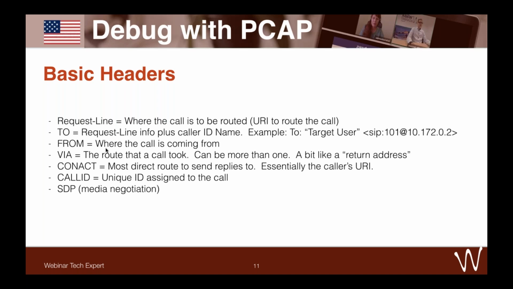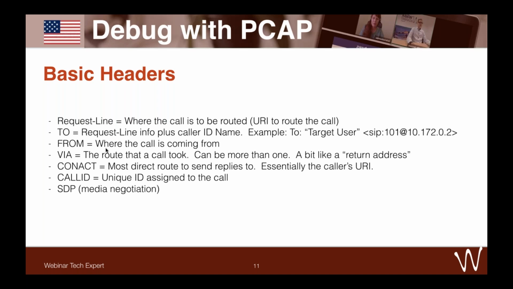And then a via header. A via header is about a route. How is a SIP invite routed? It's essentially the return address, if you want to think of it that way. So maybe a SIP invite starts all the way back on somebody else's PBX, and then that PBX sends the invite out of a SIP trunk to a carrier, and then that carrier sends it into my SIP trunk to my PBX.